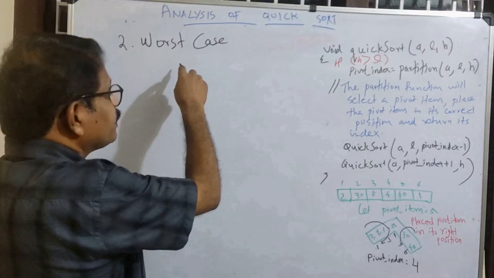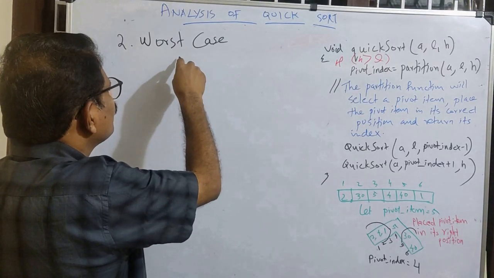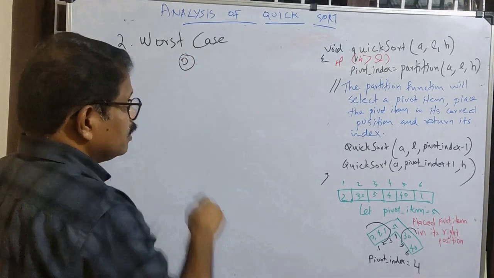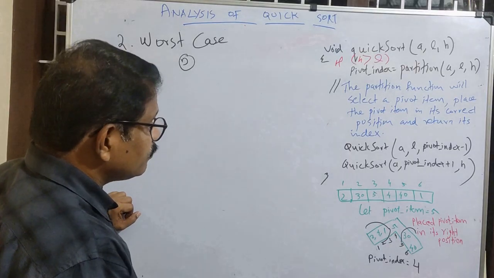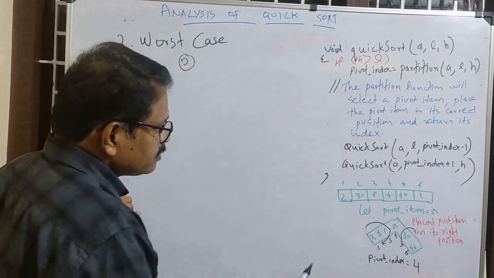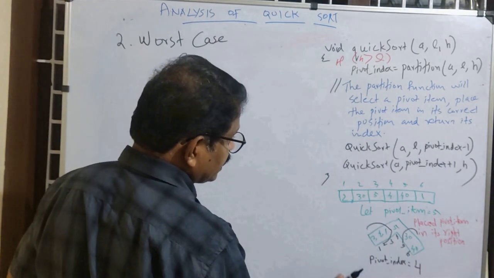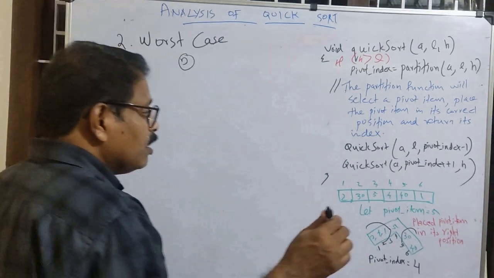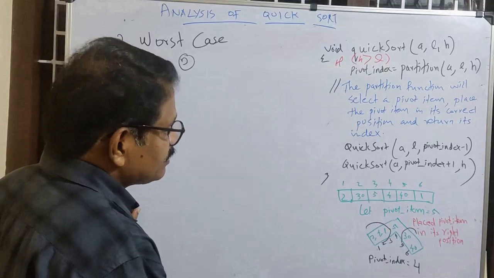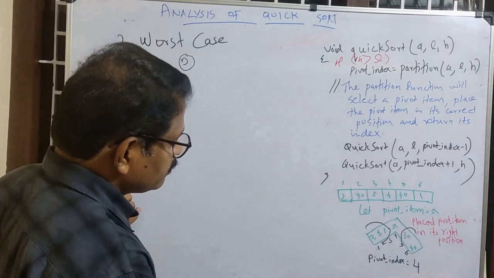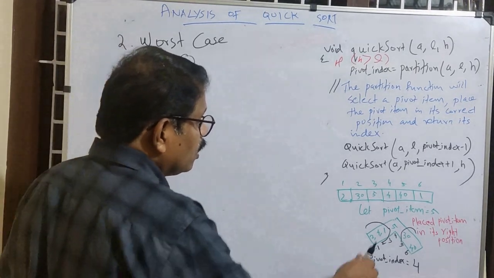Here, your pivot element, if it is the least element in this array, C1 is the least element in this array. If you are selecting the pivot item as 1, and all other elements are greater than 1, then what will happen?